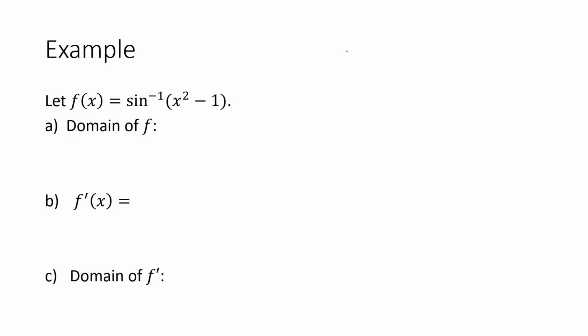Well, remember, in general, sine inverse of whatever I put in here has to be between -1 and 1. So in this case, we want to ensure that x squared minus 1 is between -1 and +1.